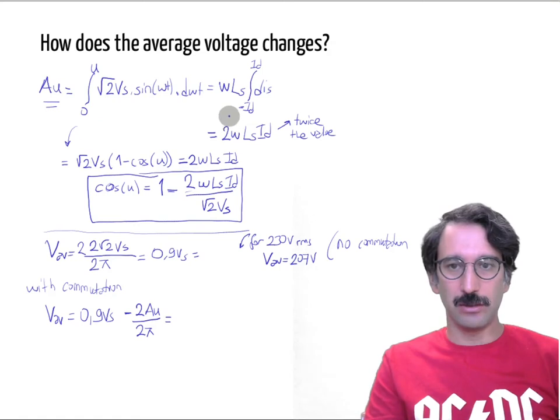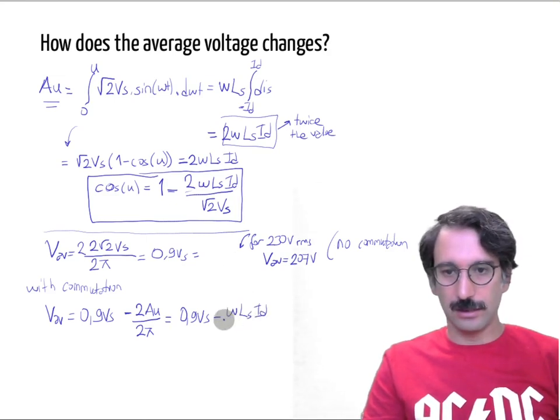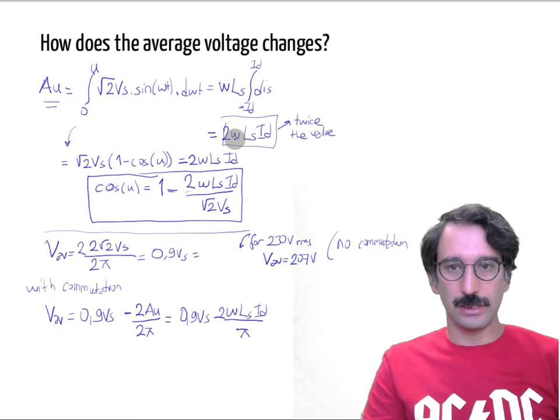I know the AU is that value, so it is 0.9 Vs minus omega Ls ID divided by pi. There's another 2 here, so that one cancels, giving 2 omega Ls ID divided by pi.